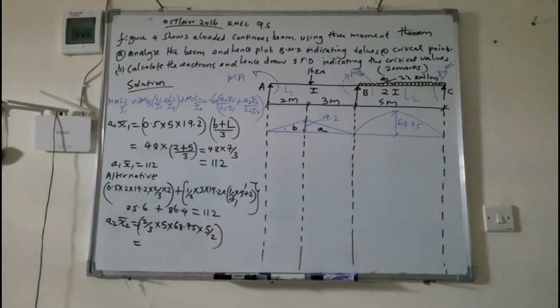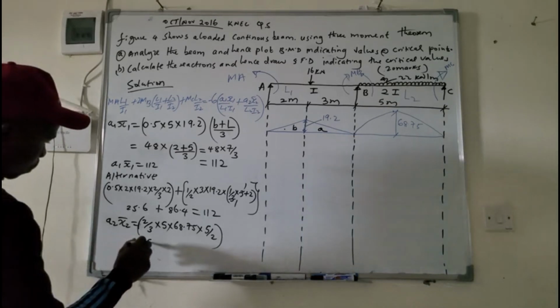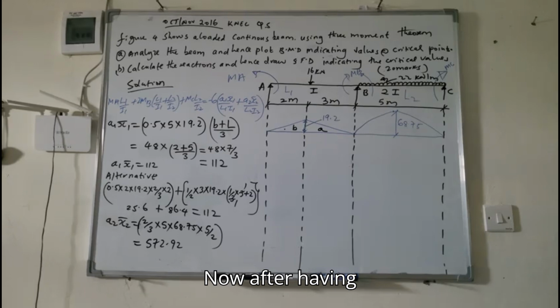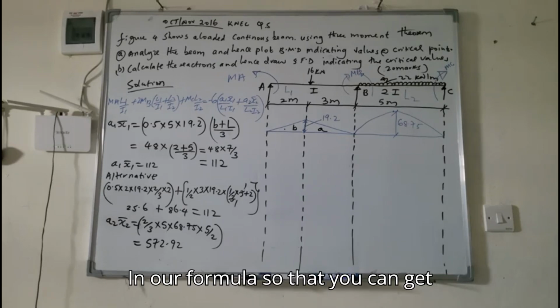So this one will give you 572.92. Now, after having calculated the value for A1 x bar 1 and A2 x bar 2, we can insert the known values in our formula so that we can get our unknown.